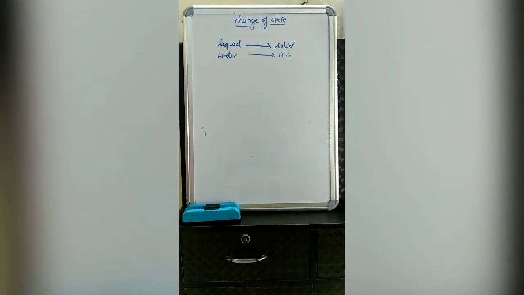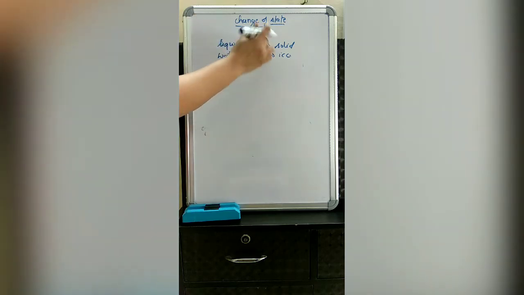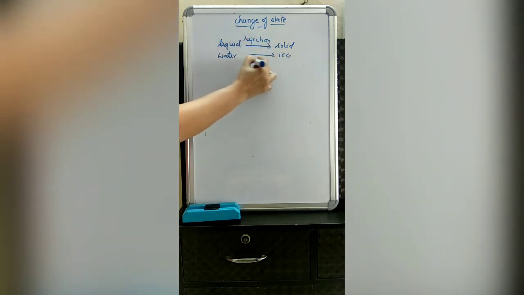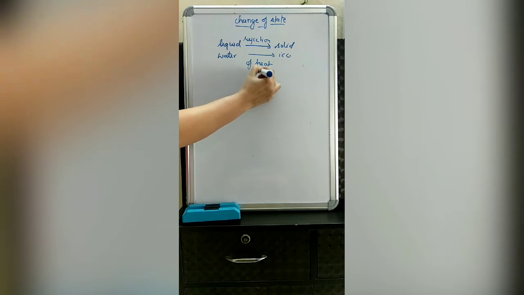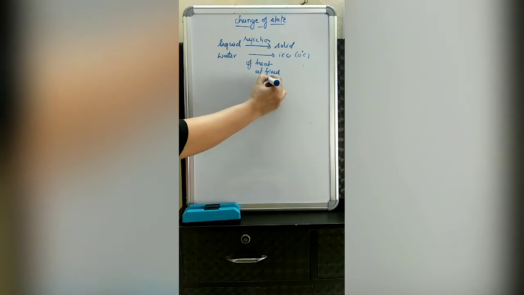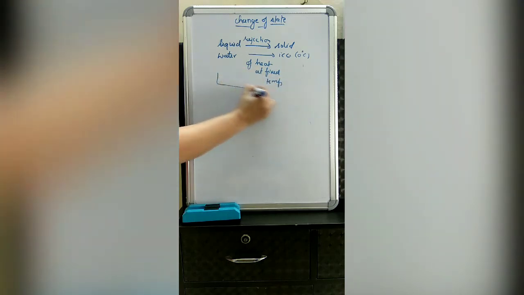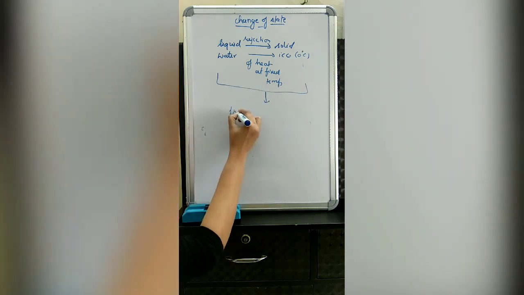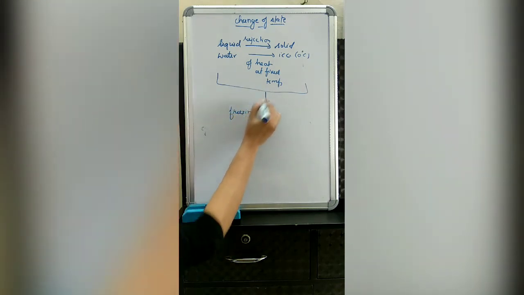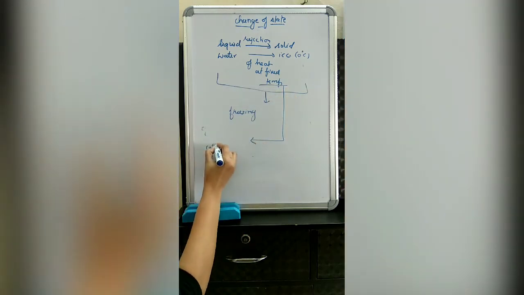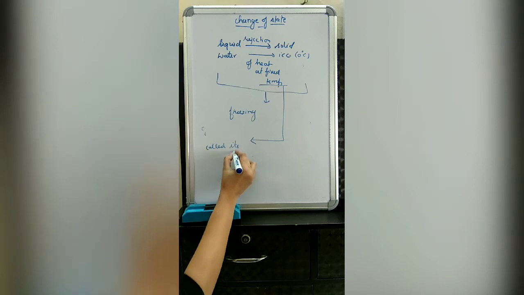For example, the process in which the liquid converts into solid by rejection of heat at a fixed temperature, which is 0 degrees Celsius, is known as freezing. And the temperature at which this happens is called its freezing point.